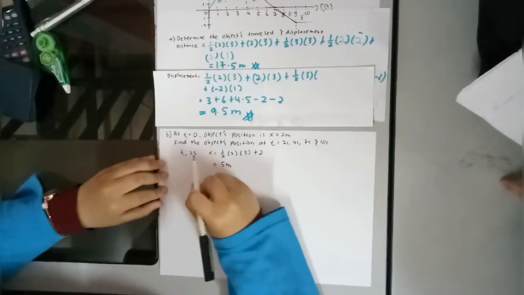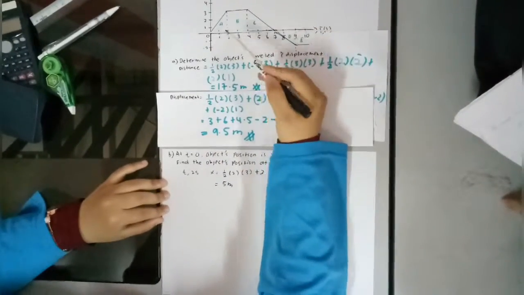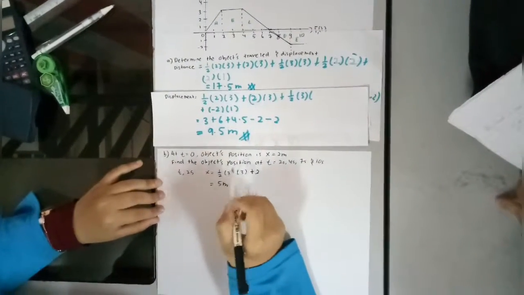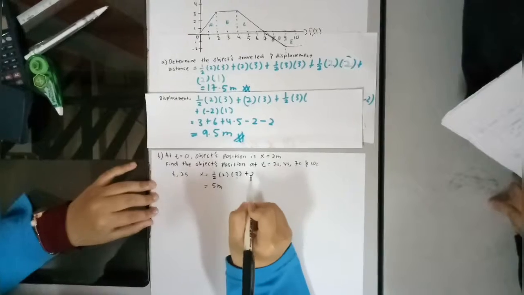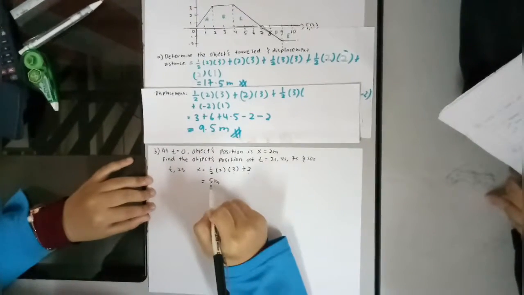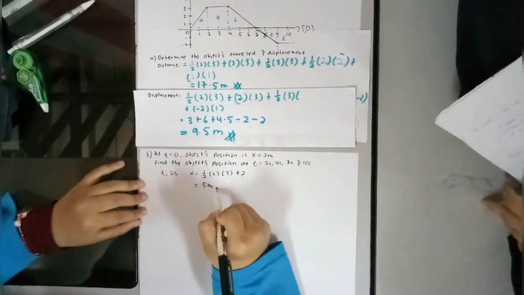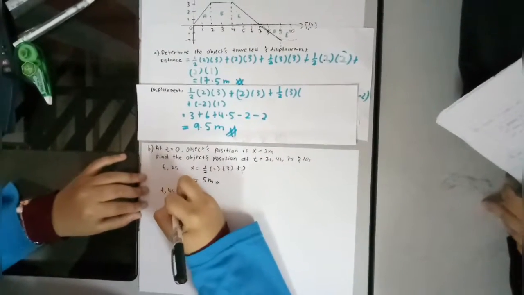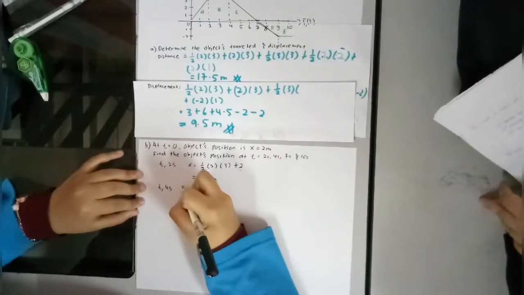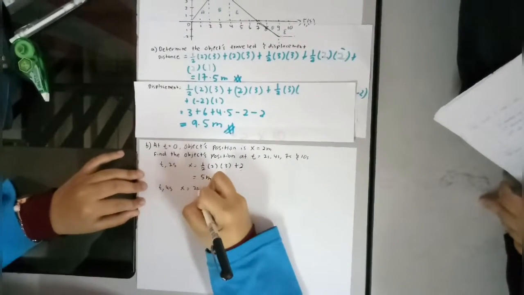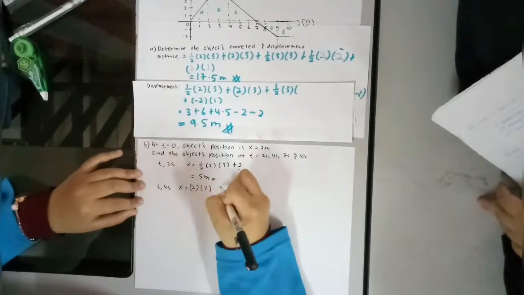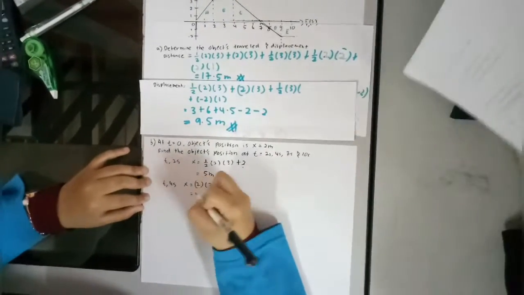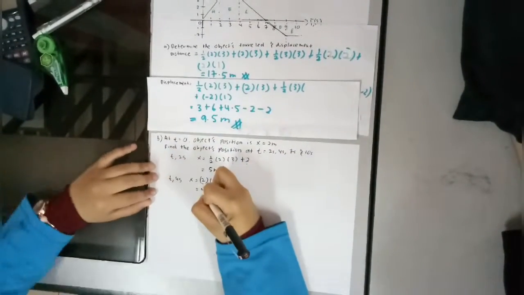The object's position for 2 seconds is 1 over 2 times 2 times 3 plus 2. And the answer that we will get is 5 meters. For the 4 seconds, we will get 2 times 3 plus 5, and the answer is 11 meters.